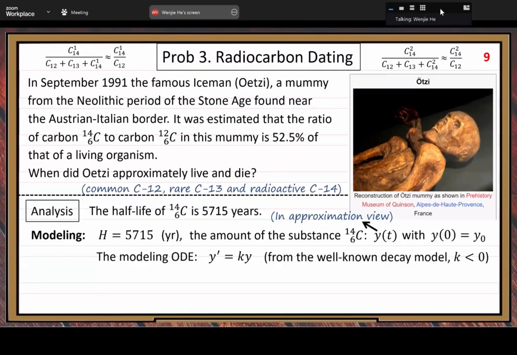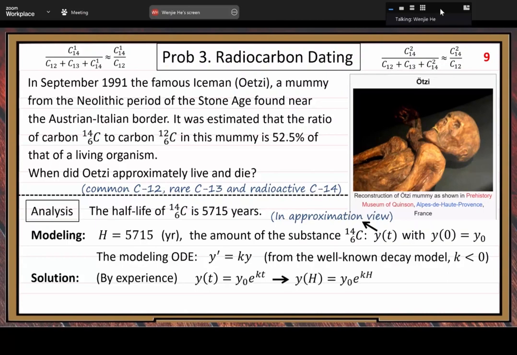We know the solution form from our experience. For a certain k, k is the decay constant. Although it is negative, we allow k to be a negative number, so it is a decay constant.